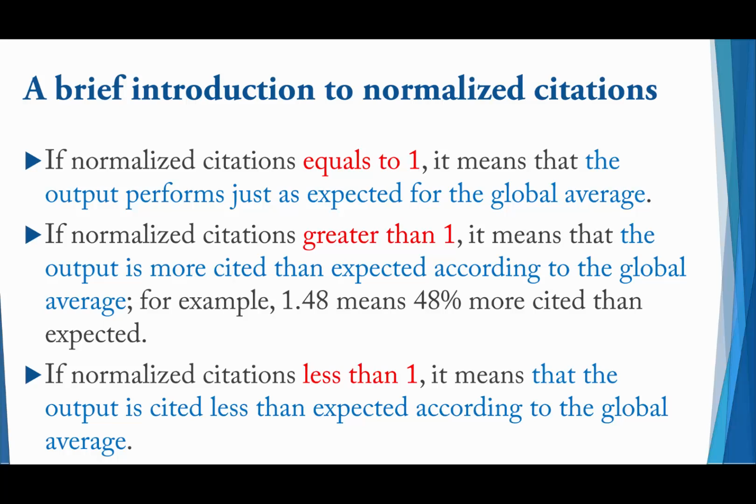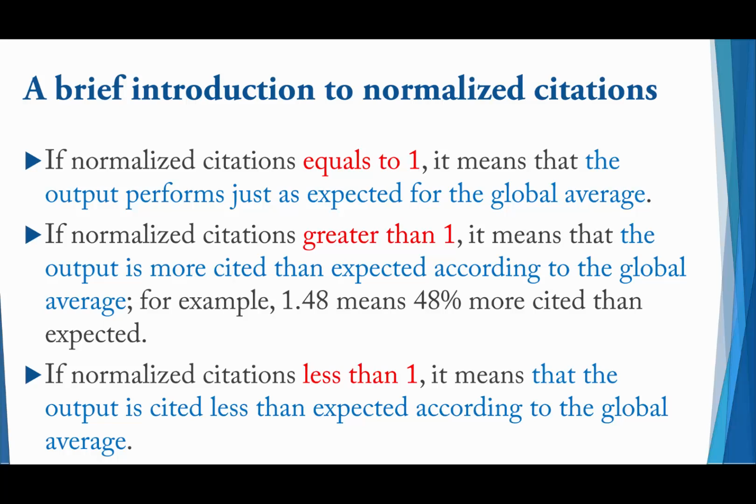If the result of normalization is equal to 1, then it means that the output performs just as expected for the global average. If the result is greater than 1, then it means that the output is more cited than expected according to the global average.